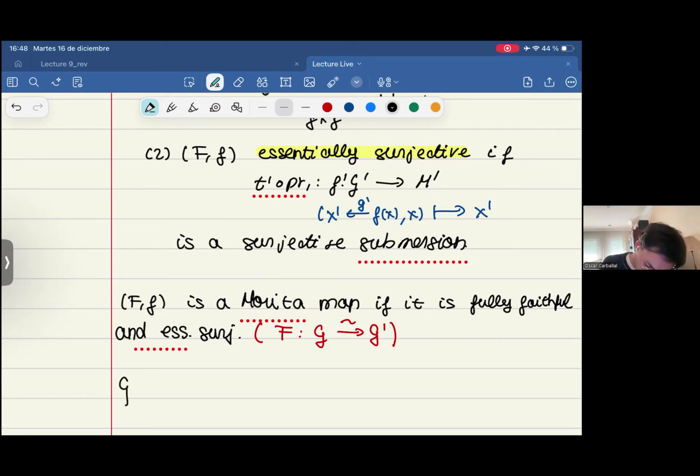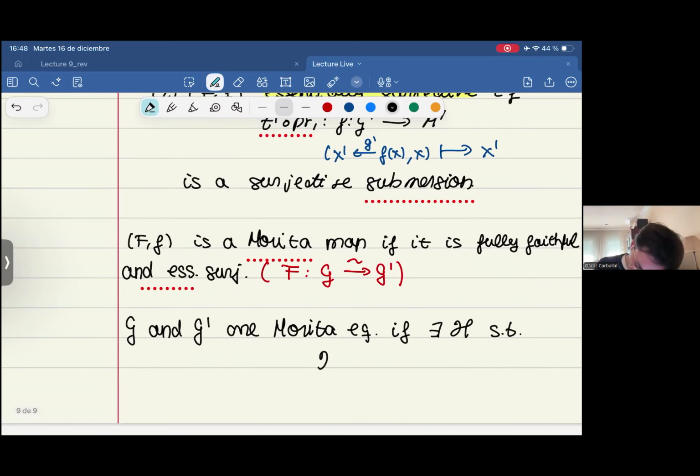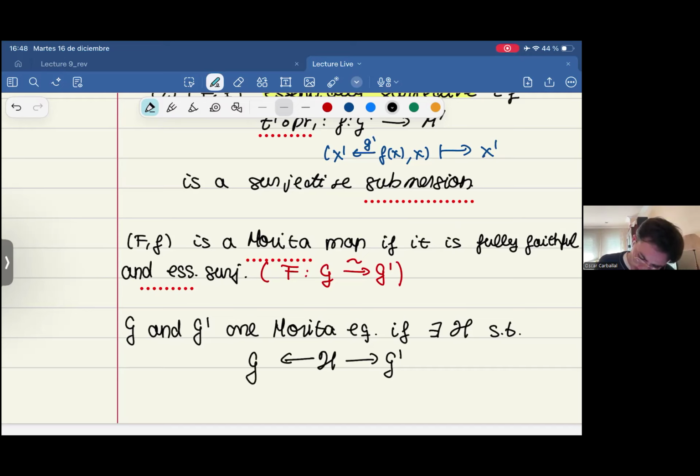And we can say that two Lie groupoids G and G prime are Morita equivalent if there exists another Lie groupoid H such that we have G prime here and G, and this third Lie groupoid H is equipped with Morita maps onto G and onto G prime, right?